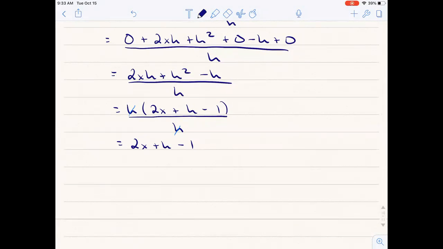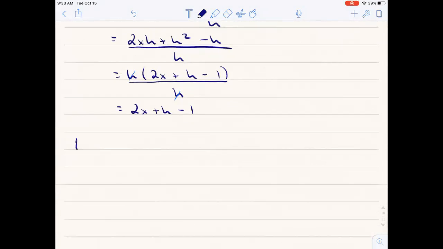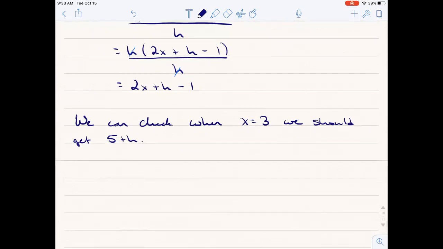So when x equals 3, we should get 5 plus h, and 2 times 3 plus h minus 1 is 6 minus 1, 5 plus h.